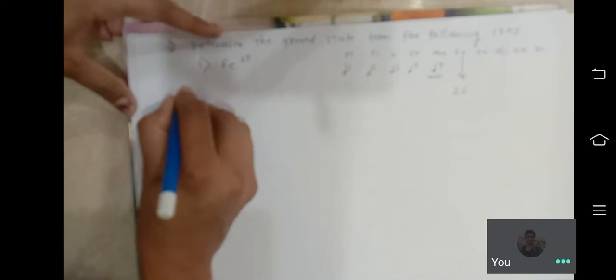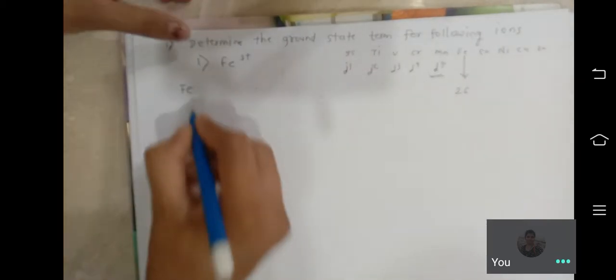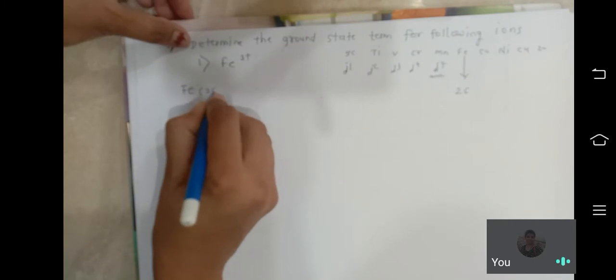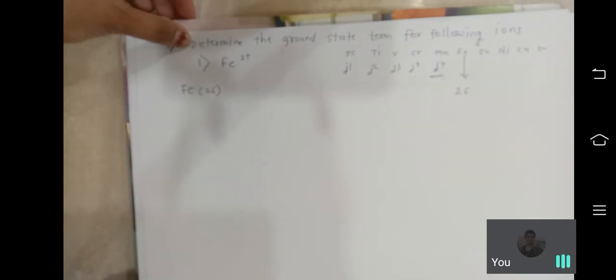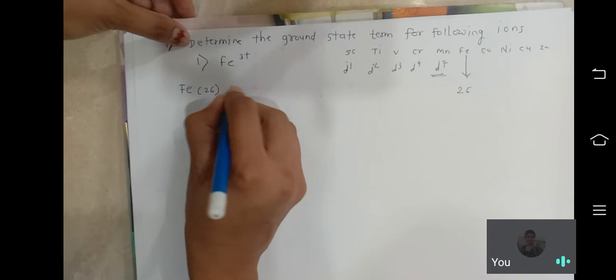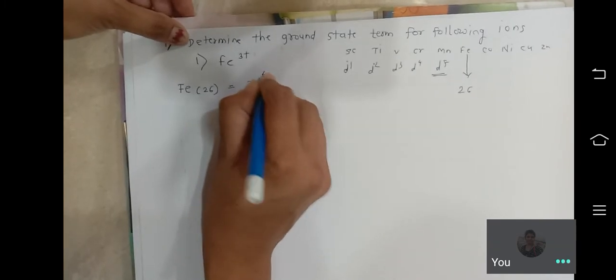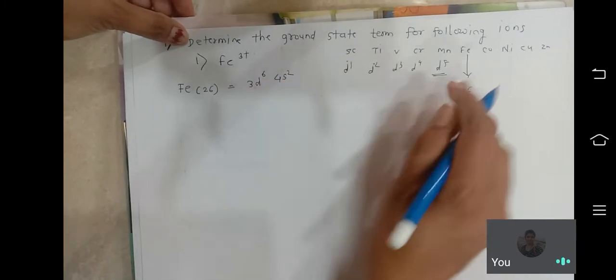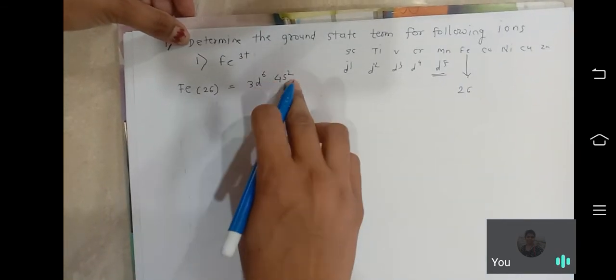Fe, what is the atomic number here? 26. You have to write here 26. Then 3d6 4s2. Okay, why do we write 3d6 4s2?